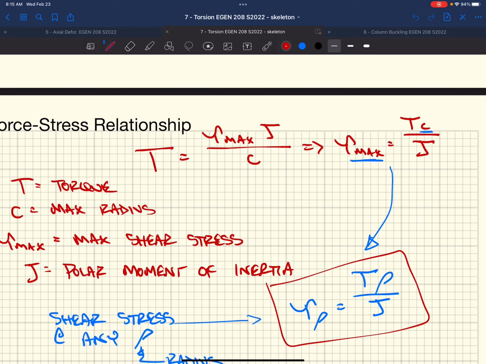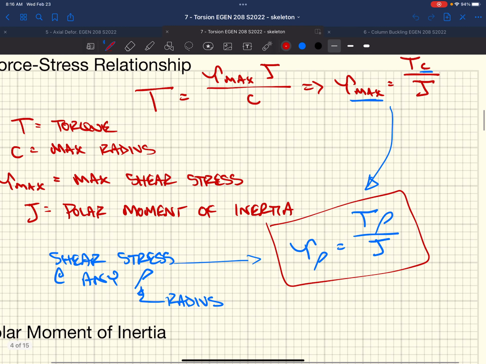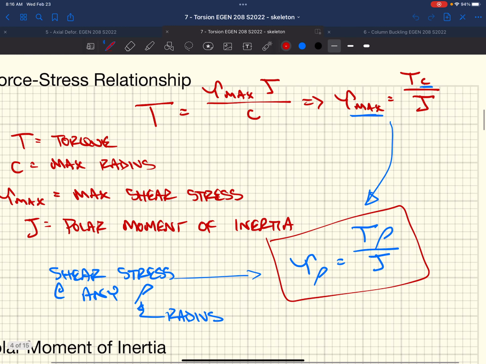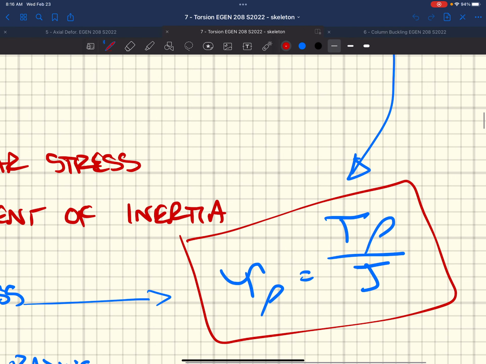Or we could figure out what the maximum shear stress in our cross section is if we knew what torque we're applying, and then the maximum radius and the polar moment of inertia. And similarly, if we wanted to look at the shear stress at any point within the cross section, we can relate it to the shear stress at some given radius rho. That's what this is.